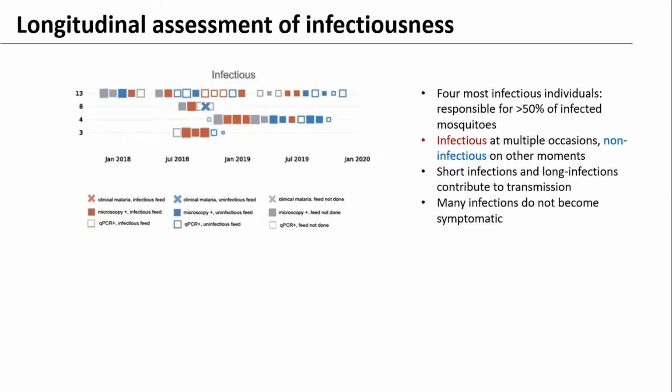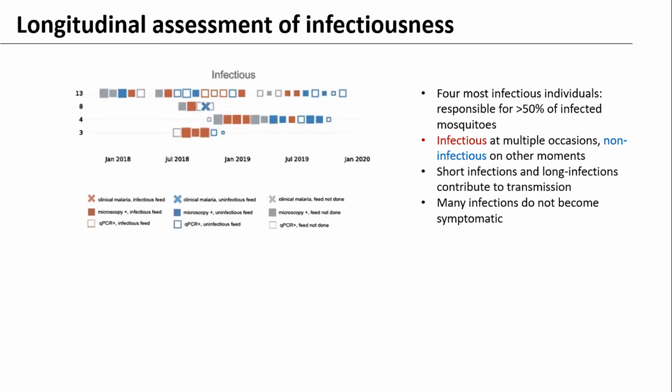I could give an example of ID number 13, the one on top. This individual harbored infections from January 2018 to almost January 2020, and through that period didn't have any symptomatic infection. There's no single X in all that period, but there were several infectious feeds with both microscopic and submicroscopic infections, shown by the red squares, and at different points also asymptomatic infections that were infectious, the hollow squares.